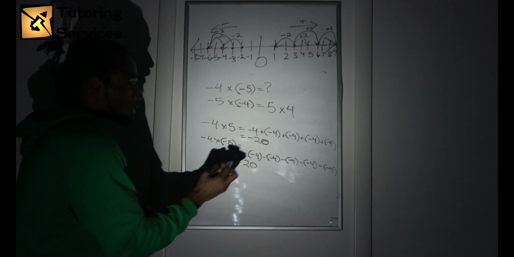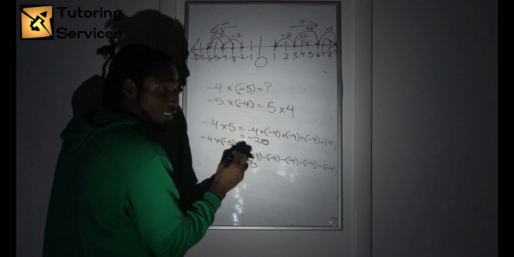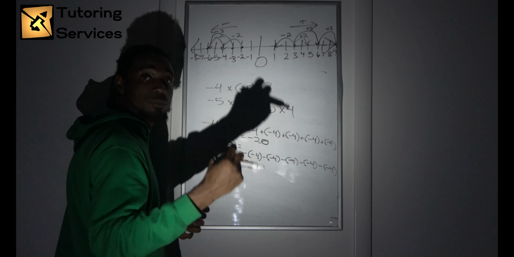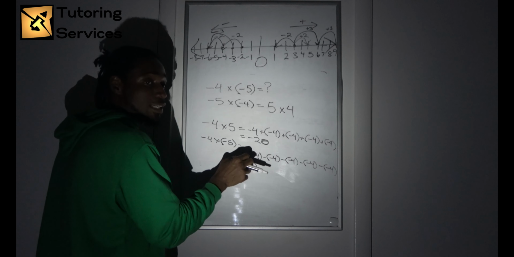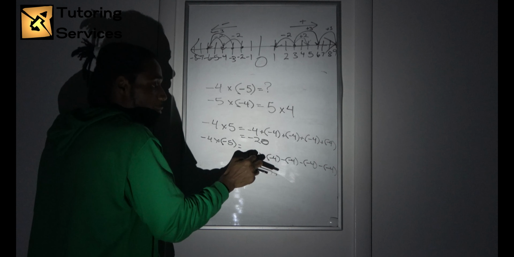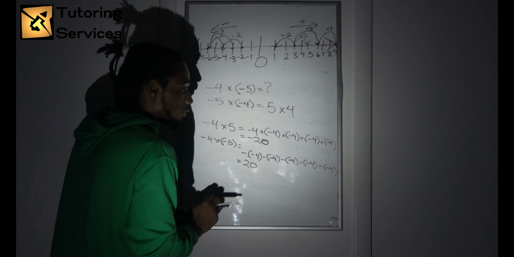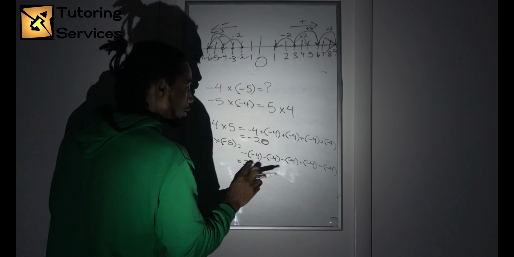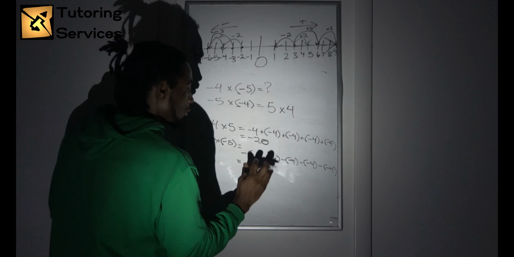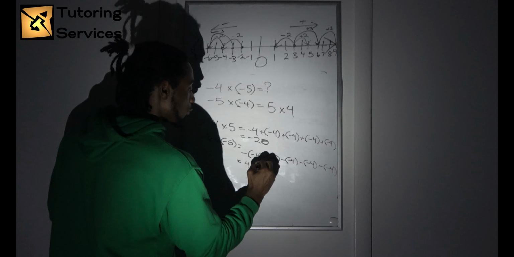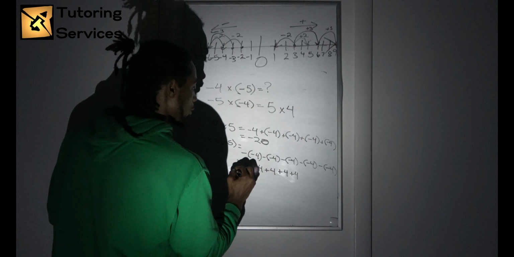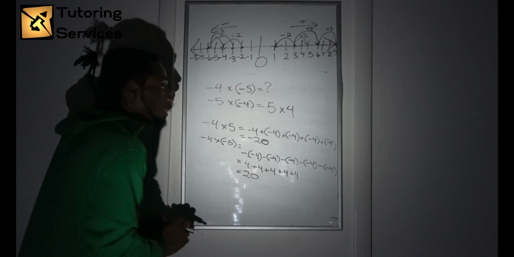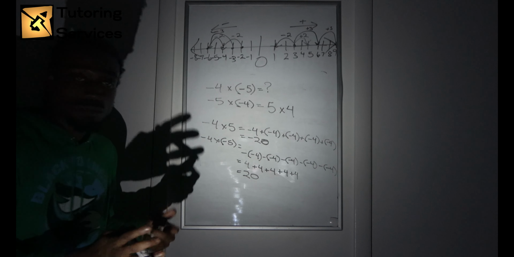That is because, as noted in the last video, when you are subtracting a negative number, that is the same thing as adding that positive number. Alright, so this is nothing but 4 plus 4 plus 4 plus 4 plus 4, which equals +20. So that brings us to our other rule.